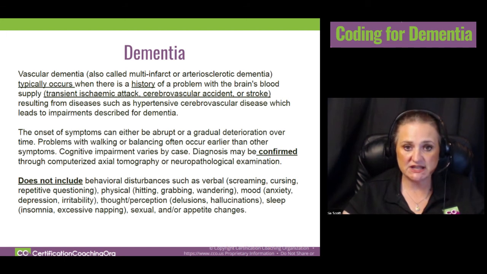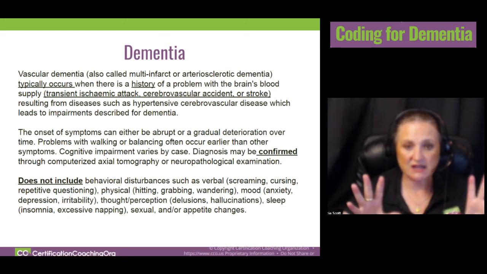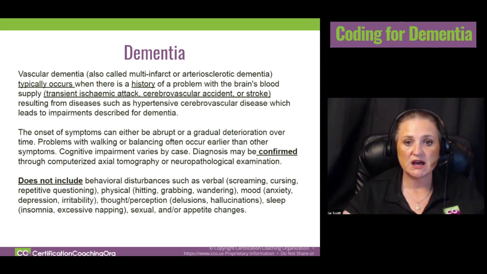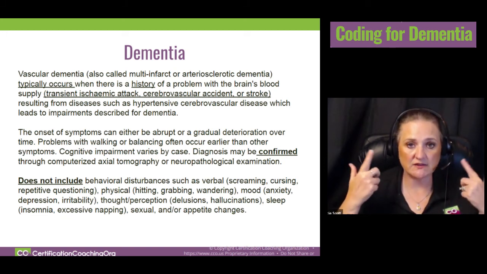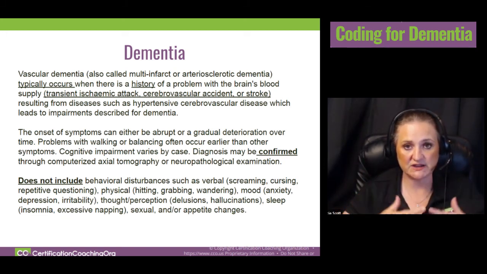So they've had multiple TIAs, which is a transient ischemic attack, which lasts for just under 5 minutes. It's like having a stroke, but it's real short. Or they've had a CVA or a stroke. Okay. And then they could also have hypertensive cerebral vascular disease. So they have high blood pressure chronically that is so high that it's like messing with the vessels in the brain.